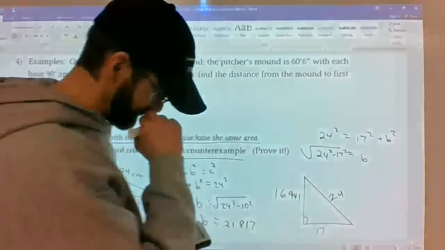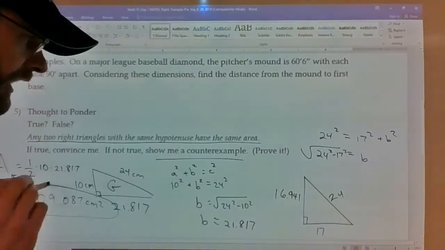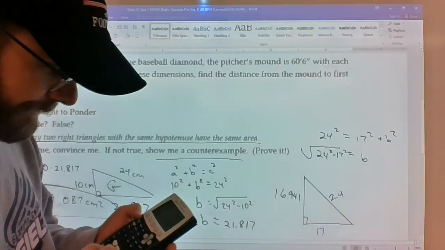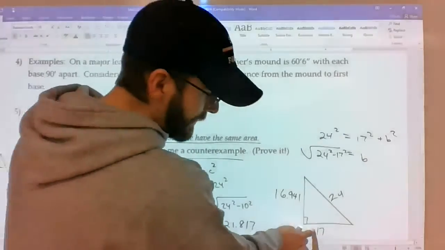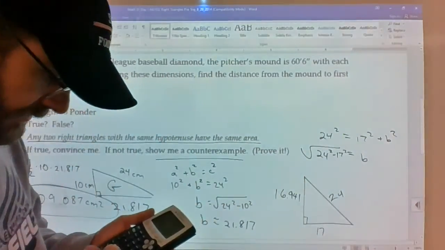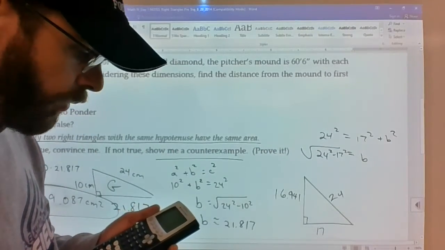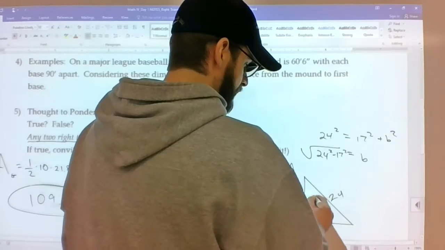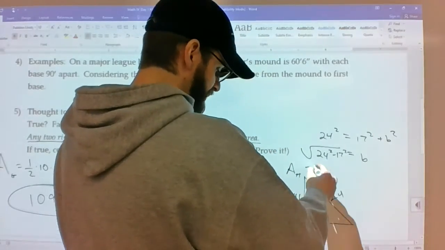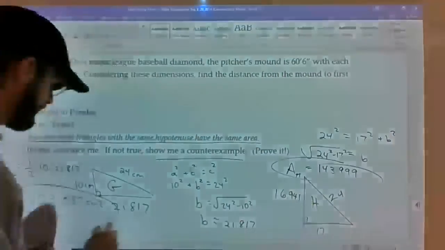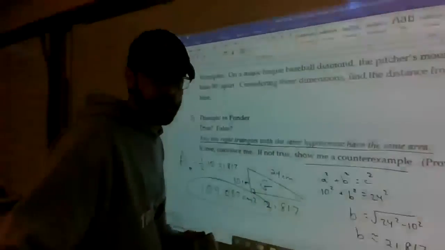Excuse me. Okay, area. 1/2 times that base times that height equals 143.999. So triangle H has an area of 143.999. Compare the two areas.